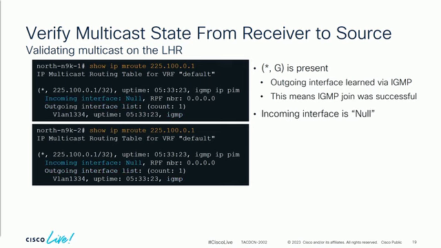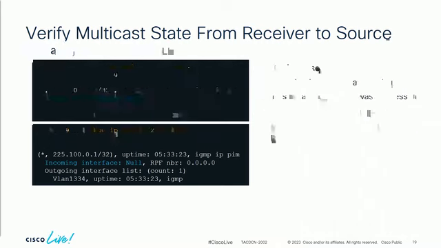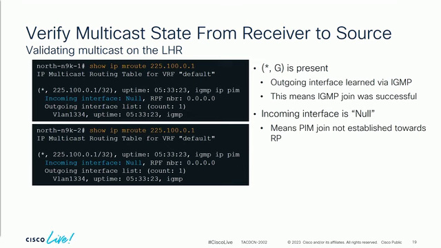Now, the incoming interface is null. What that suggests to me is that the PIM join process was unable to establish from the last hop routers here towards the next hop towards the rendezvous point. So this is a problem with the state of multicast, and I'm going to take note of this and then continue working towards the source.